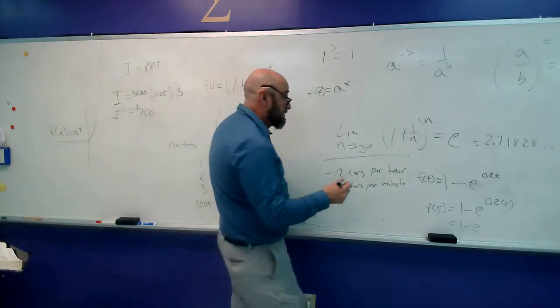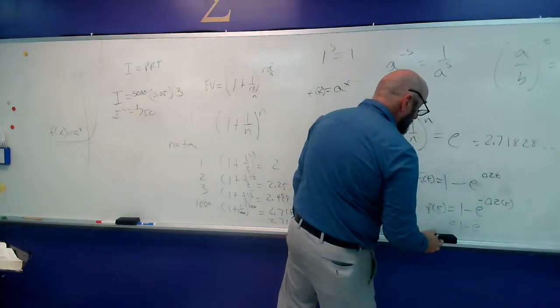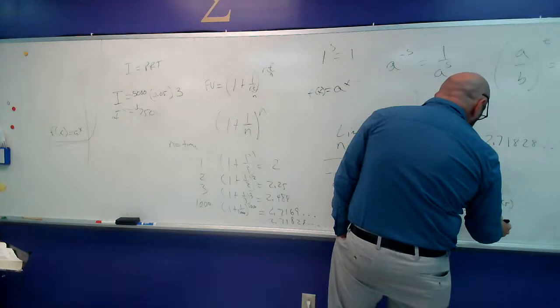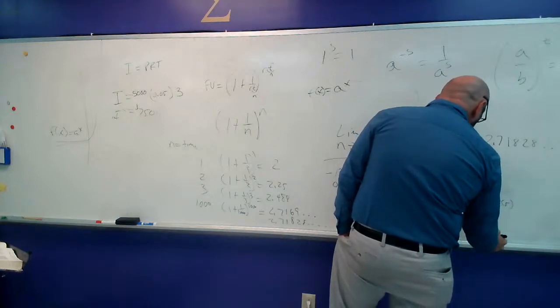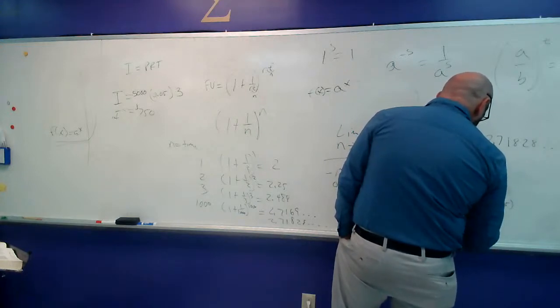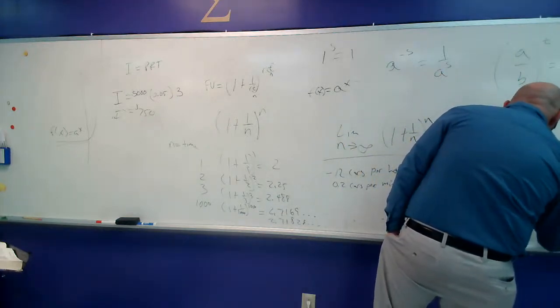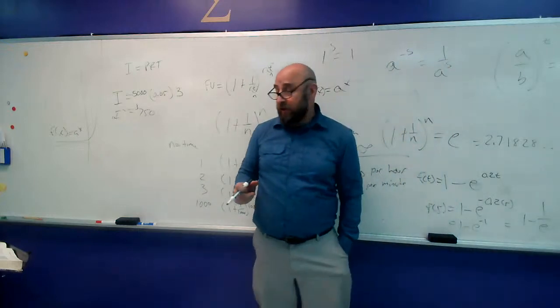Oh, sorry, it's negative 0.2. 1 minus e to the negative 0.2 times 5, which is going to be negative 1, right? So it's going to be 1 minus 1 over e, which you could do on your calculator.